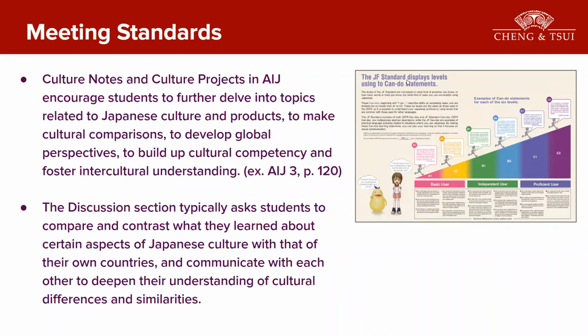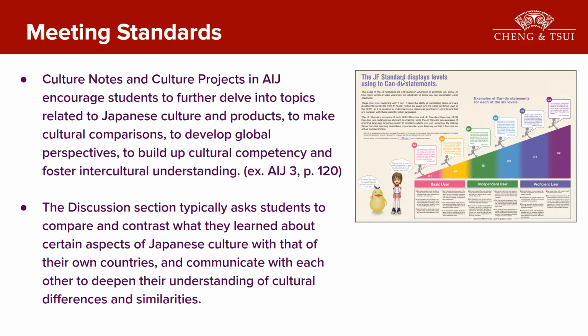Culture Nooks and cultural projects in AIJ encourage students to further dive into topics related to Japanese culture and products, to make cultural comparisons, and to develop global perspectives. Activities in the lessons ask students to compare and contrast certain aspects of Japanese culture with those of their own. But it doesn't stop there.